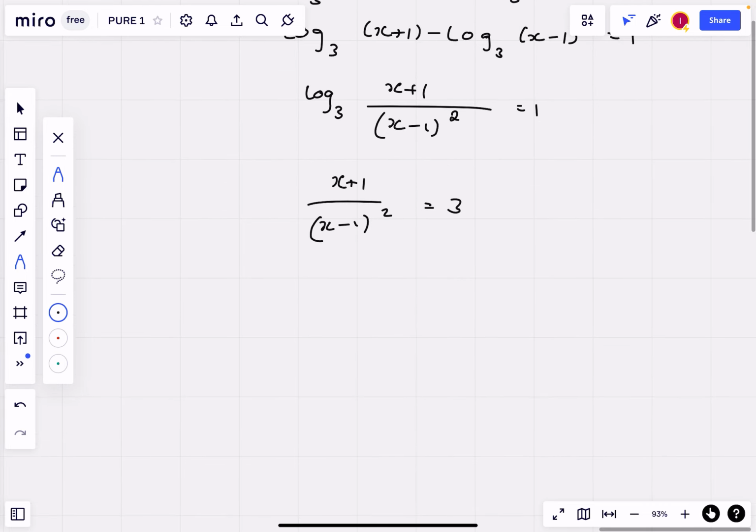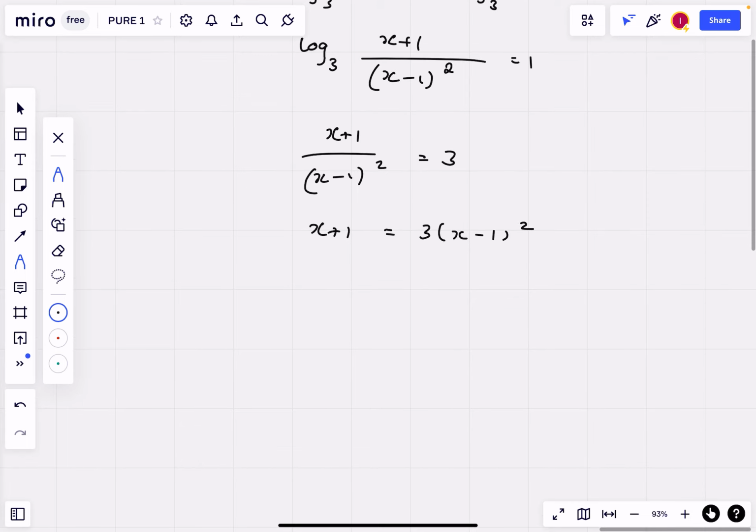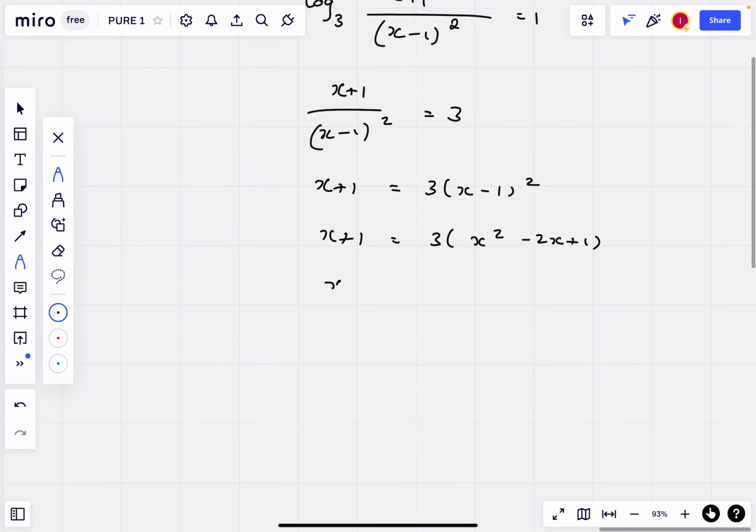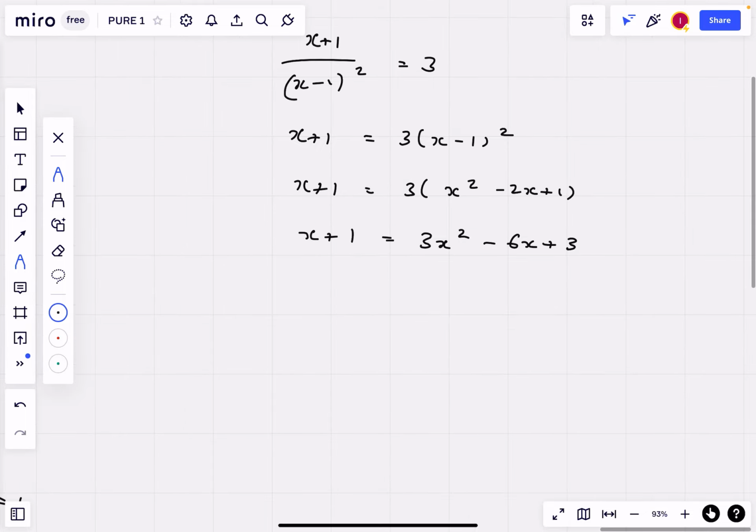And now it's just a matter of solving. So x plus 1 equals 3 times x minus 1 squared. So x plus 1 equals 3 times x squared minus 2x plus 1. Expand. And now shift everything to one side.